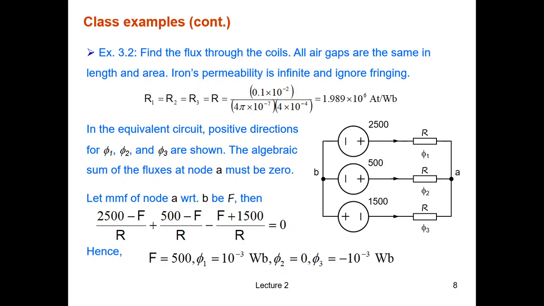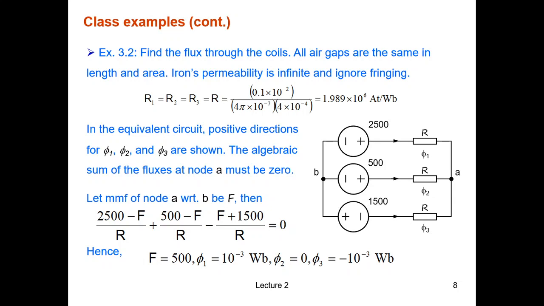So basically you have an equivalent circuit with just 3 MMF sources, 1, 2, 3, with the same reluctance for all 3 branches.